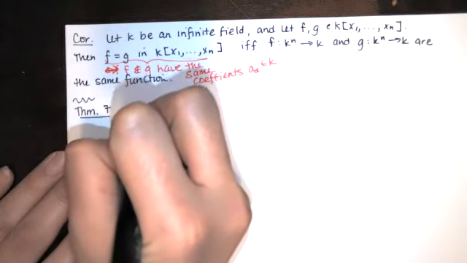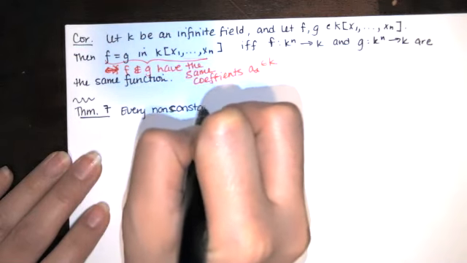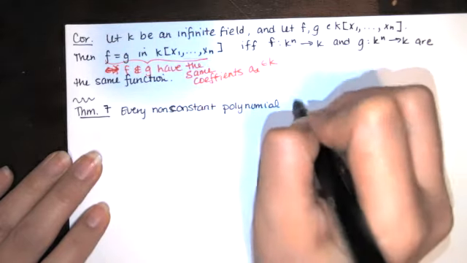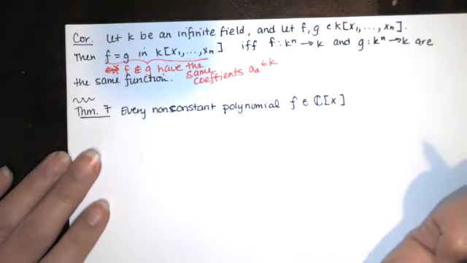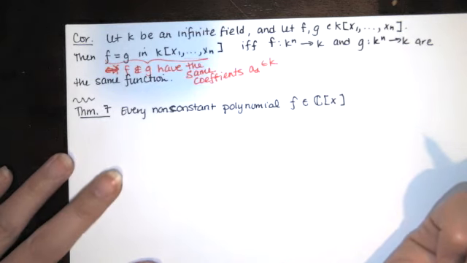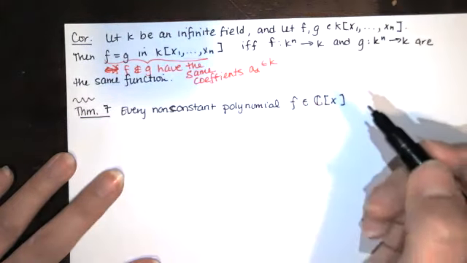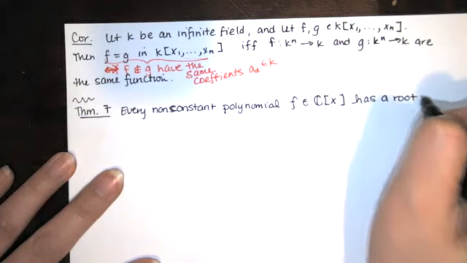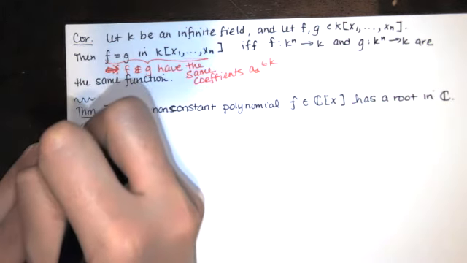It says that every non-constant polynomial f in the polynomial ring in a single variable, where the field is the field of complex numbers, has a root in C. This is also known as the fundamental theorem of algebra.